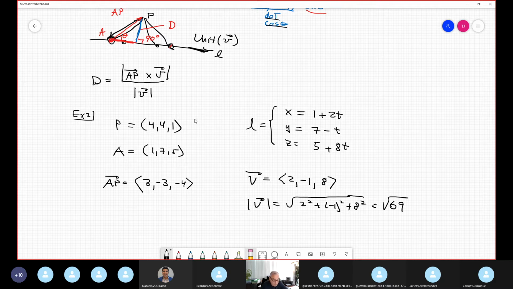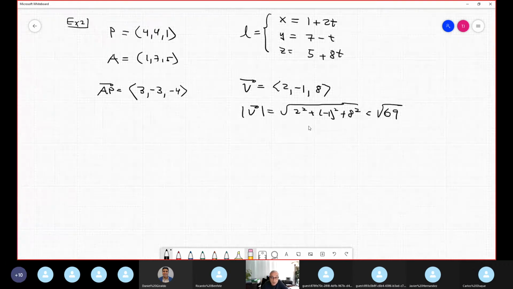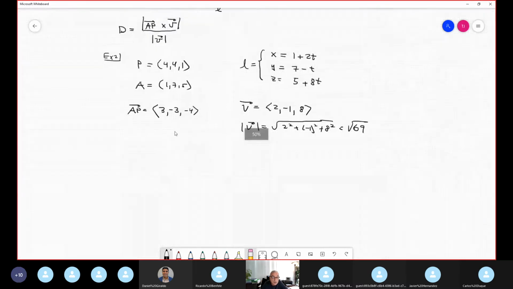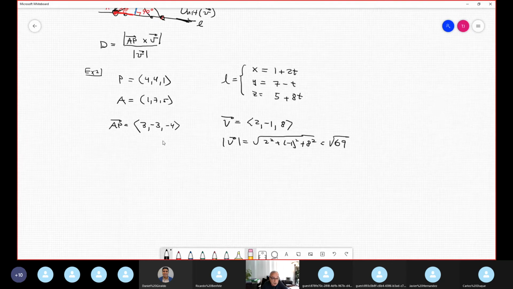Okay. Now, the most complicated part is the cross product. I don't want to waste the time doing that, so you do this. Look. Basically, the shortest distance d is the absolute value of the cross product between (3, negative 3, negative 4) and the vector B, which is (2, negative 1, 8). We can do the cross product using a calculator or using GeoGebra.